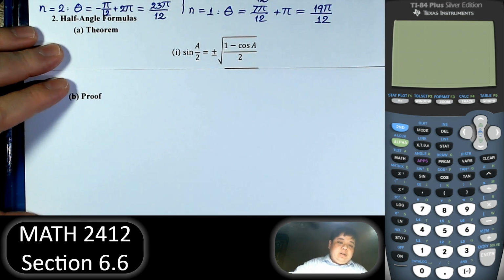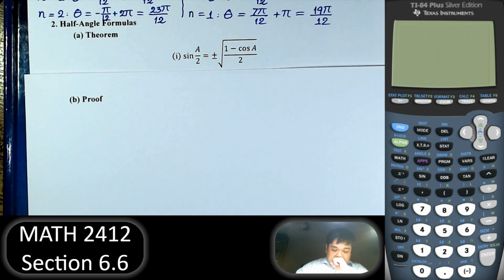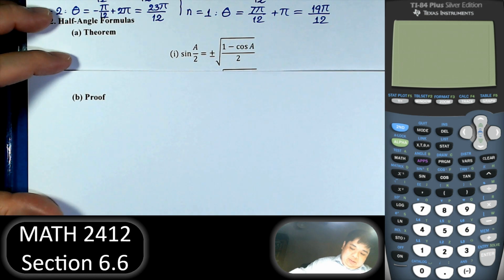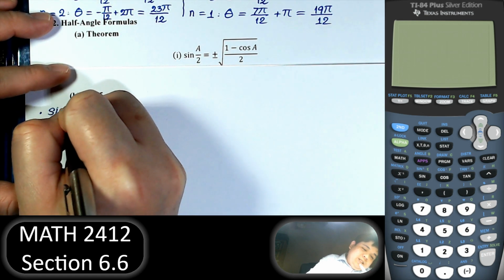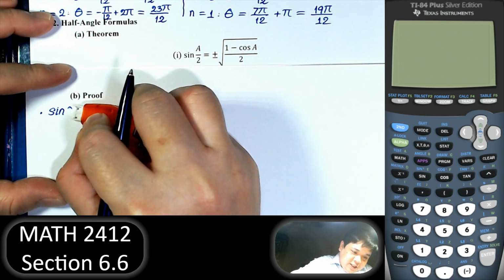So now let's just prove sine of alpha over 2. I'm sorry, sine of A over 2. By the way, I only need to prove one of them.